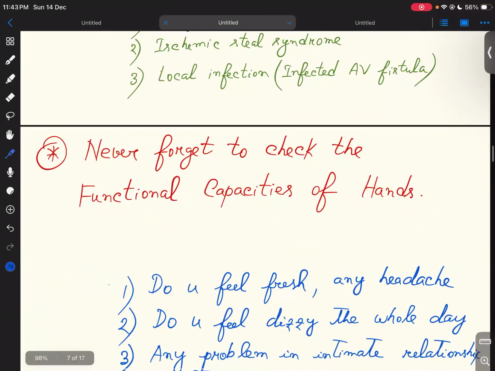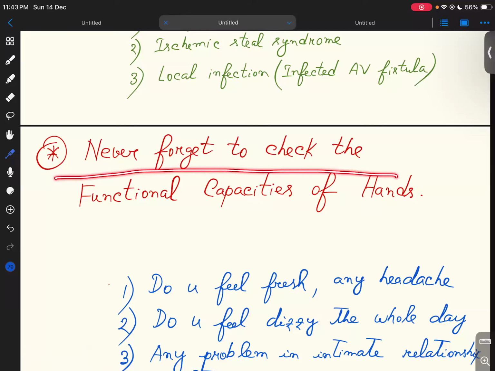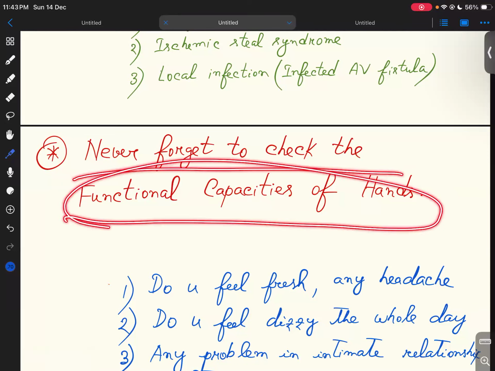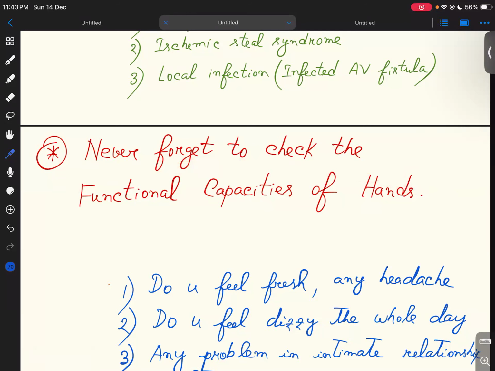And for any case of hand pain, never forget to check the functional capacity of the hand. This is a must-do examination. How to check the functional capacity? We can do two movements. One: we tell the patient, can you please make a fist and open it for me?